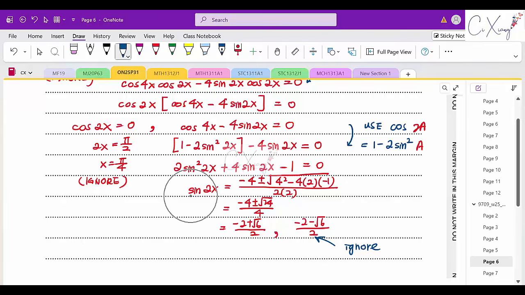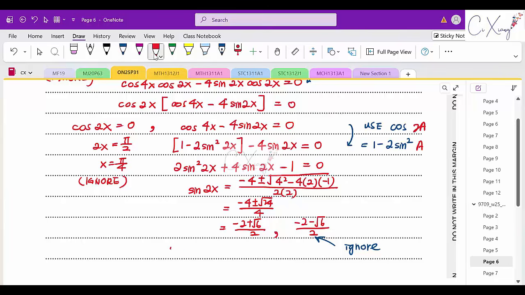When you want to take sine inverse of any value greater than 1 or smaller than negative 1, there's no solution, because the range of sine is between negative 1 and positive 1. So ignore this one again, and this is my final step to go.